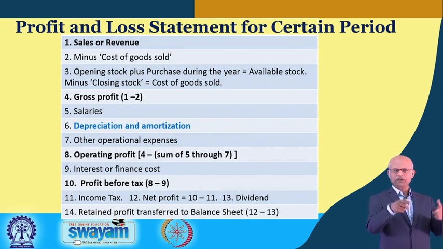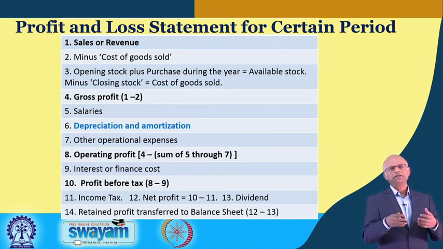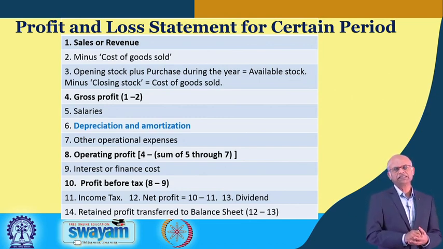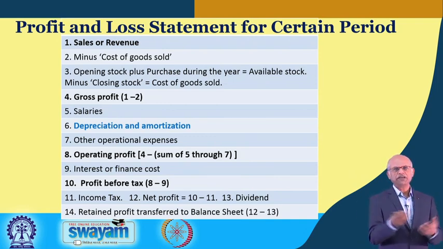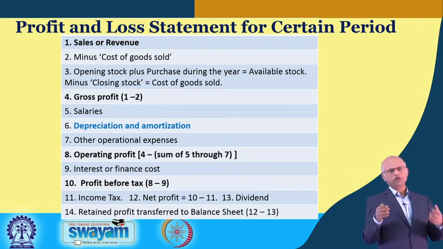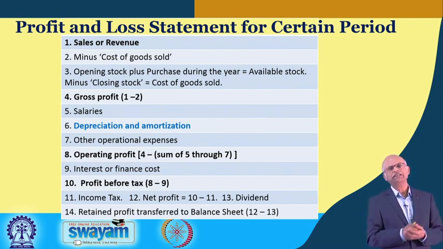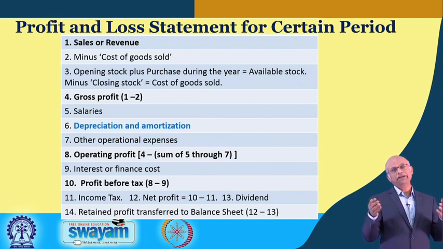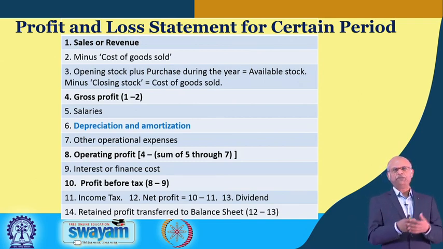Just to give you an idea about how they are correlated, this depreciation, amortization with profit loss account, I have already given that example, only that amortization was not mentioned. So you estimate, you find out the sales or revenue from all sources, then you subtract cost of goods sold, you get gross profit, then you deduct all the operational expenses like salaries, including depreciation and amortization and other operational expenses, you get operating profit.